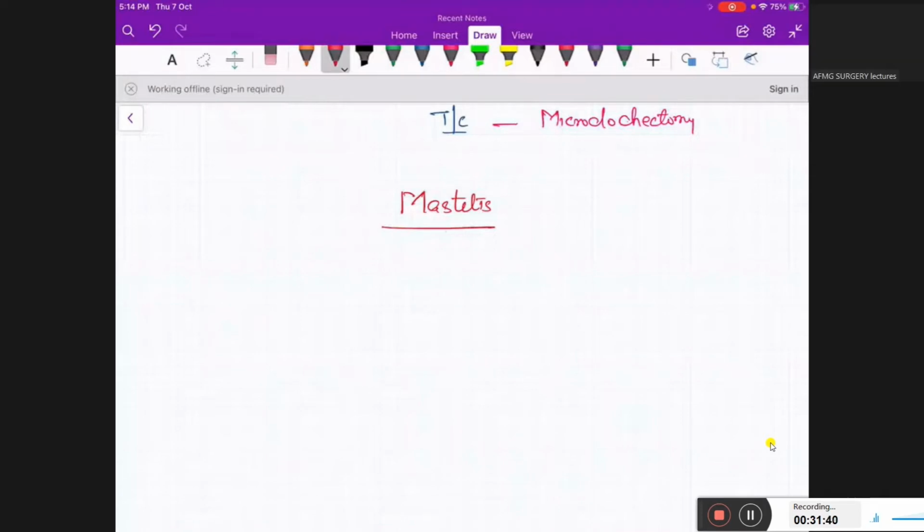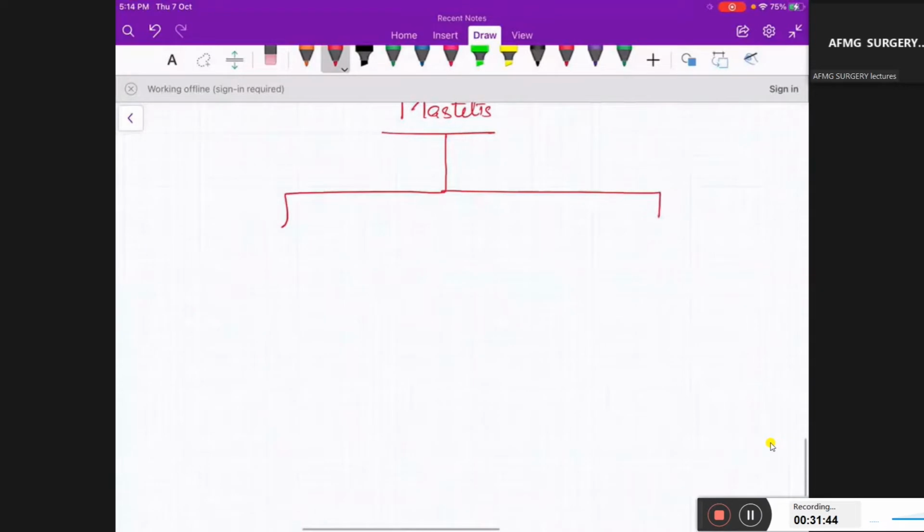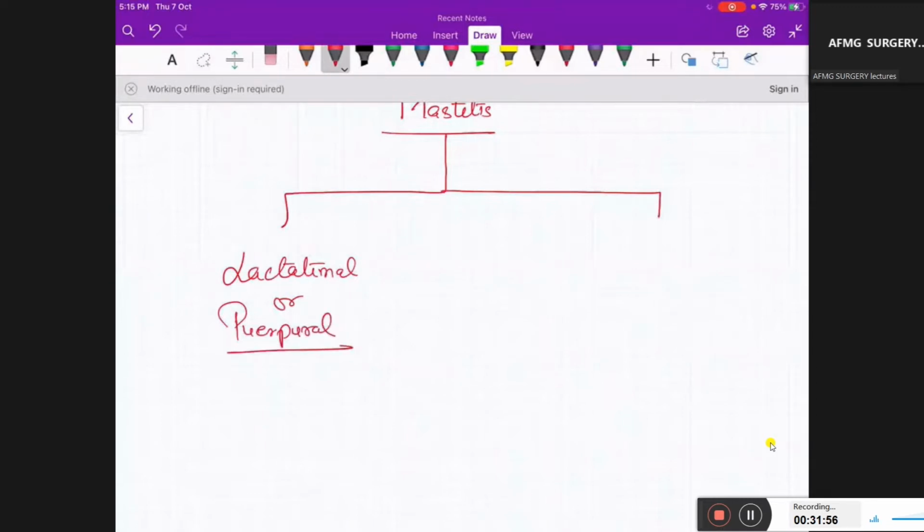So what is mastitis? There are two types of mastitis. Lactational mastitis, which is also called puerperal mastitis.